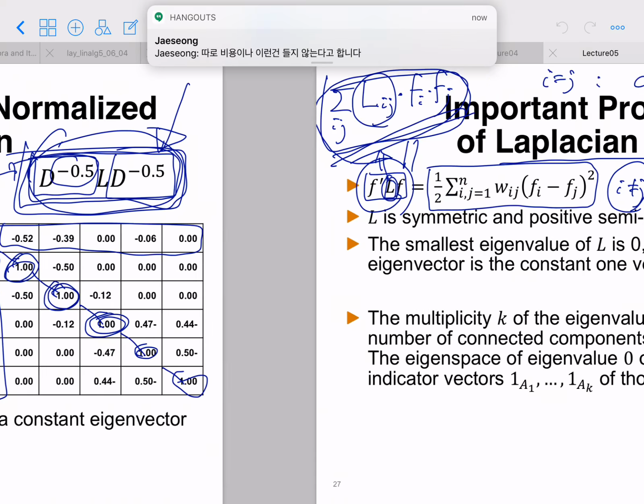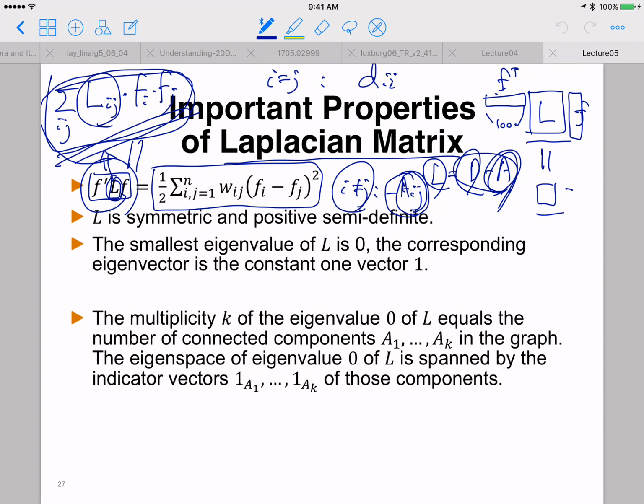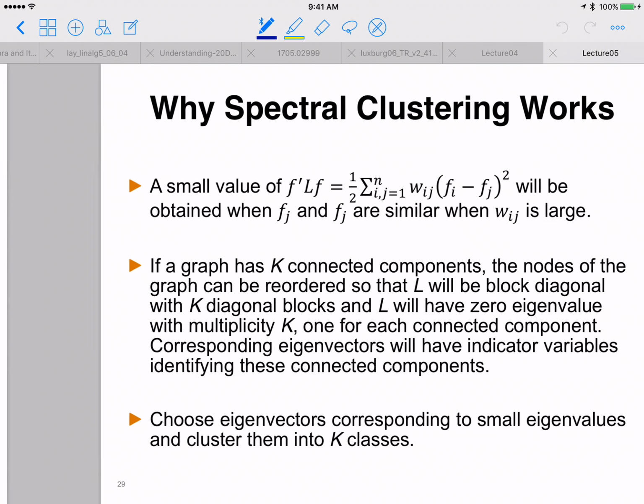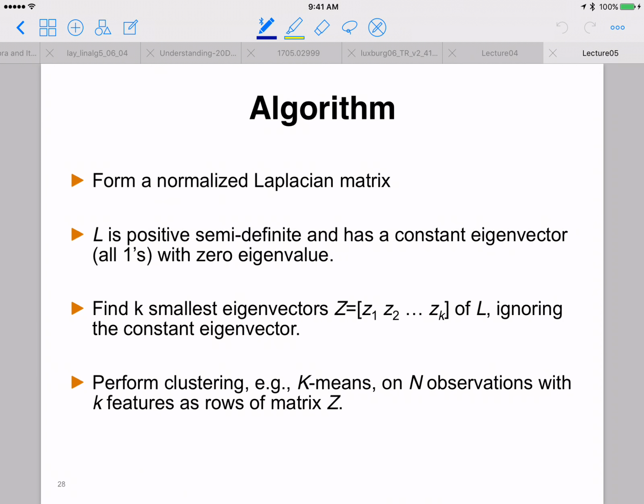Okay, so let me briefly go through this algorithm. Then we first obtain this normalized Laplacian matrix.